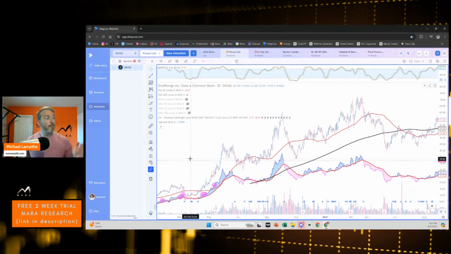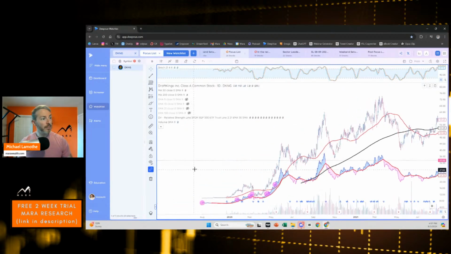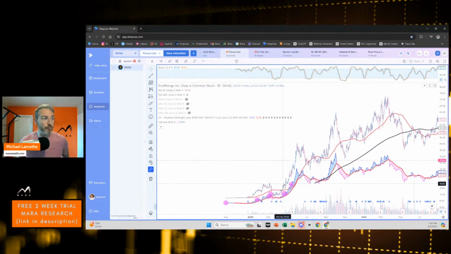So when price is just basing like this, where it's moving sideways and you're above the moving average, you're below the moving average, you're above it, you're below it, and the line is moving flat like this, that's your stage one area. When the moving average starts to turn up like this and price is above it, that's your stage two.